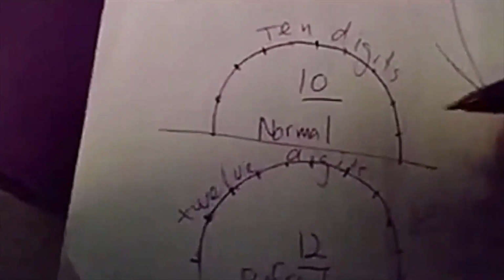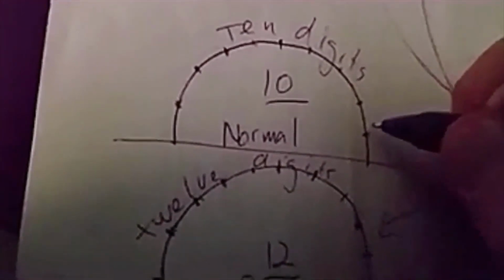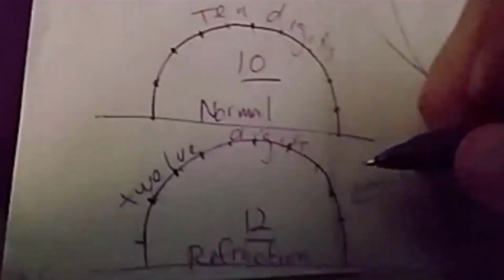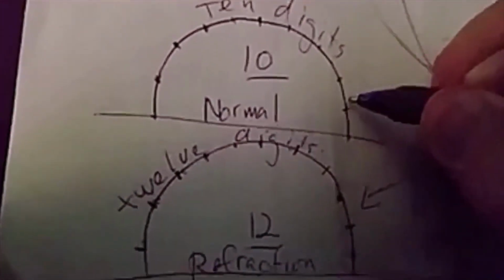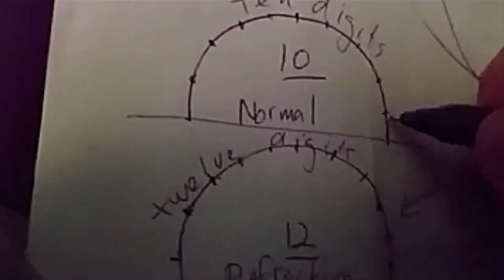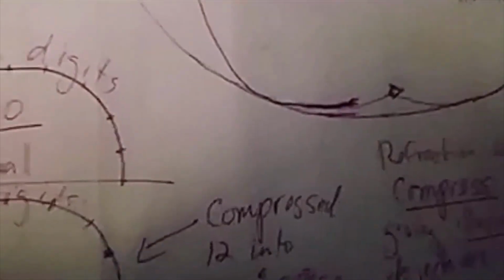But if you can actually view with telescopes, I believe, you will see the difference when you're looking at the stars with refraction. There will be a compression, meaning that the gap between the stars will be closing, not widening. That's my theory. Prove me wrong. If I'm wrong, I'll come up with a better understanding of why that's happening. But this is where I'm at right now. There's a compression.